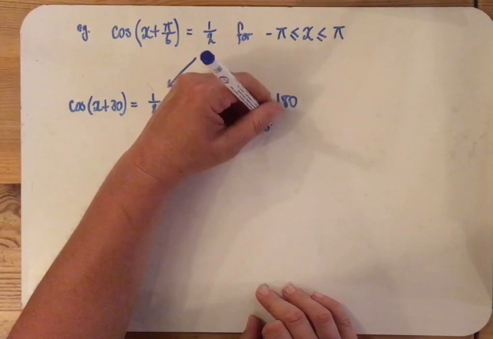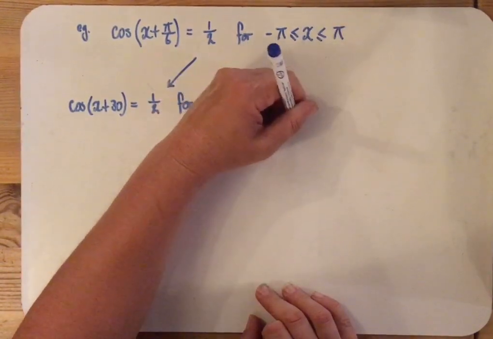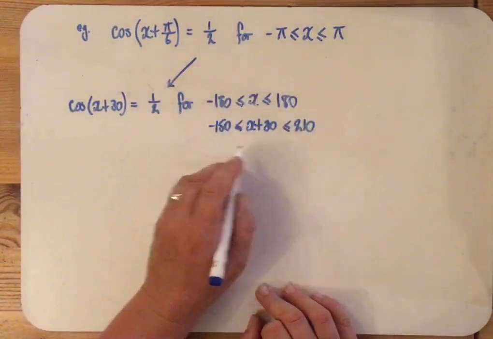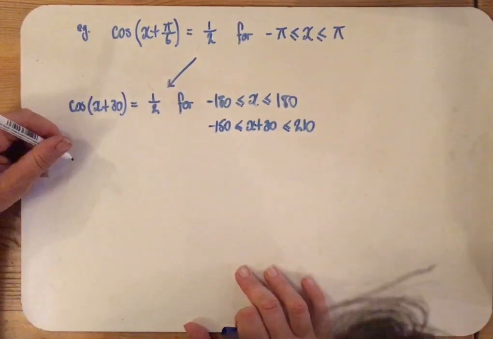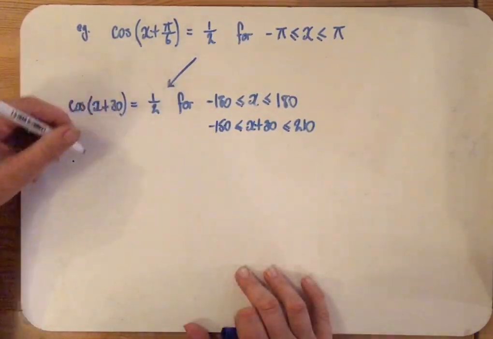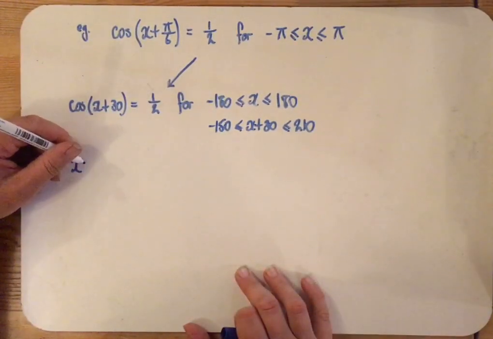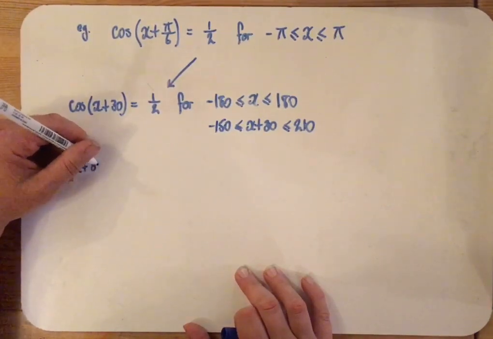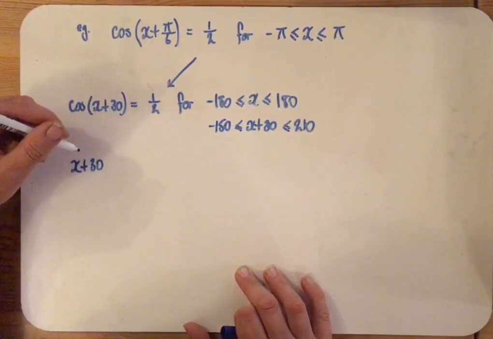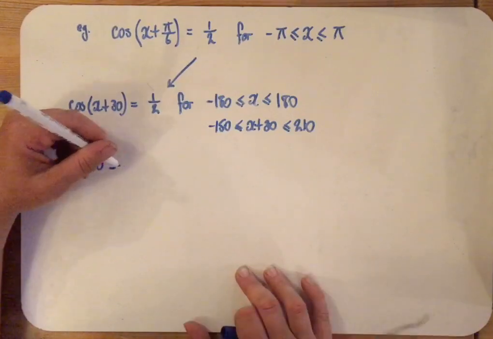I've still got a gap of 360 degrees, so I'm looking for two solutions between here and here. So if you do shift cos of a half, you get x plus 30 is equal to 60.